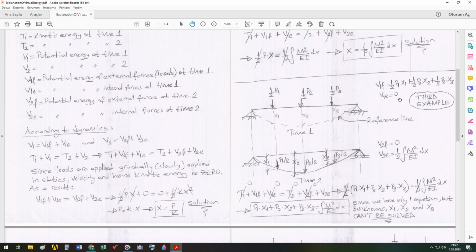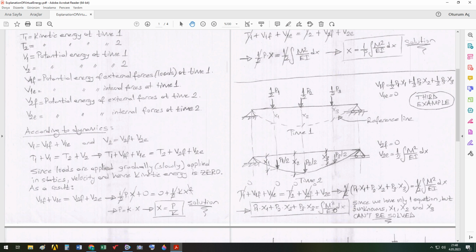So when we substitute these values into our equation, one of the values eliminates the other, and we get this value. We know P1, P2, and P3. We can calculate from static strength of materials, and we know the elasticity modulus of the beam material, and from the beam section we can calculate the moment of inertia.